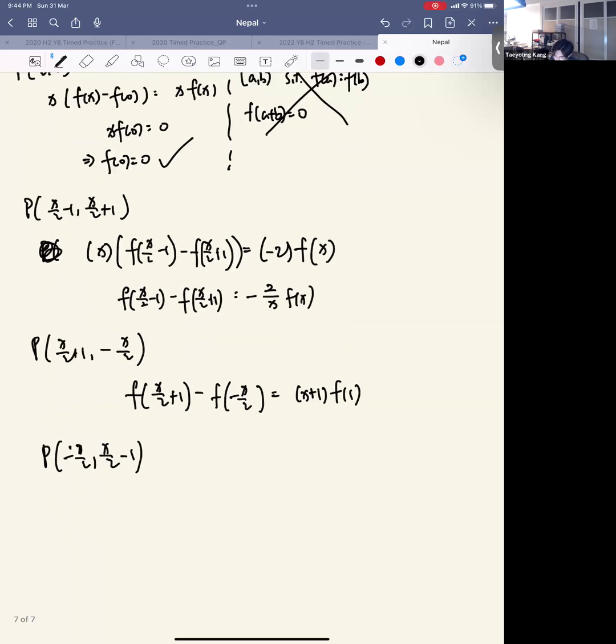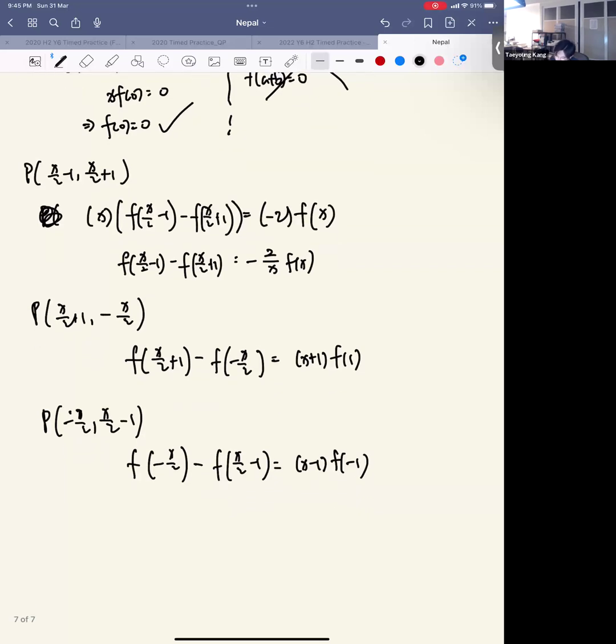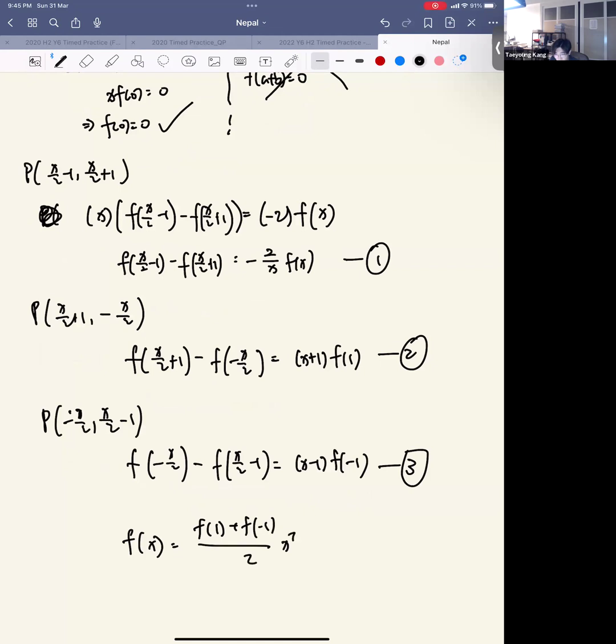Then this gives us f(minus x over 2) minus f(x over 2 minus 1) equals (x minus 1) f(minus 1). So when we add these three up, we just get f(x) equals [f(1) plus f(minus 1)] divided by 2 times x squared plus [f(1) minus f(minus 1)] divided by 2 times x.